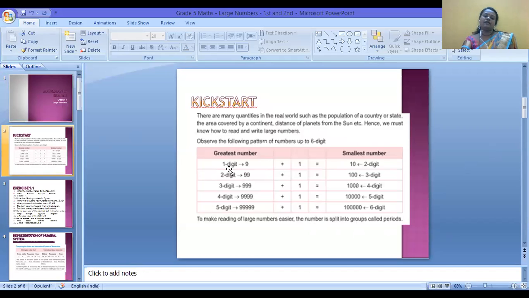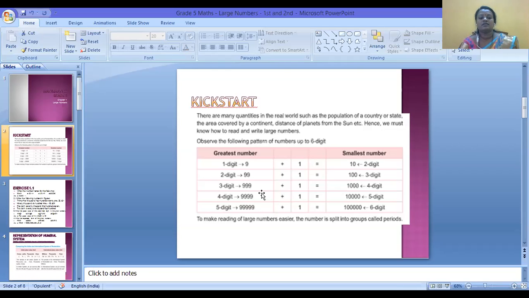If I say the greatest one digit number, that is 9, if I add 1 to this, I will get the smallest two digit number, that is 10. Further, the greatest two digit number is 99. When I add 1 to this number, we get the smallest three digit number, that is 100.